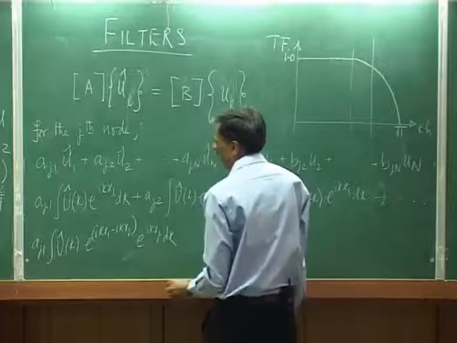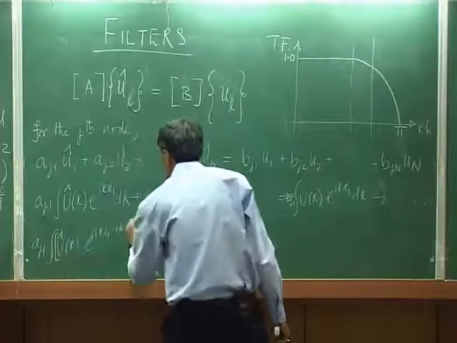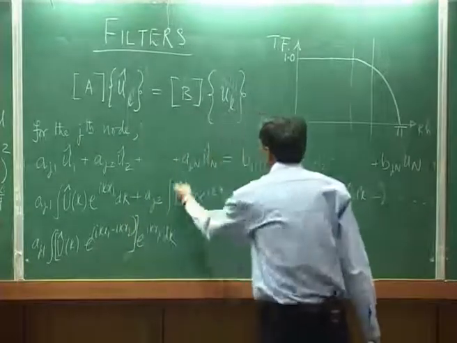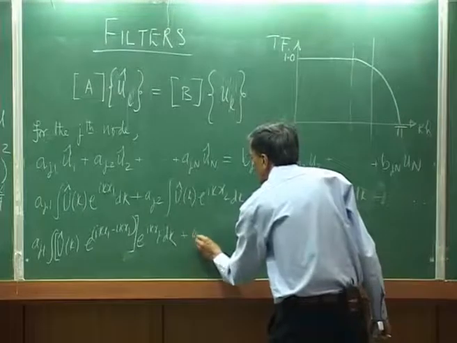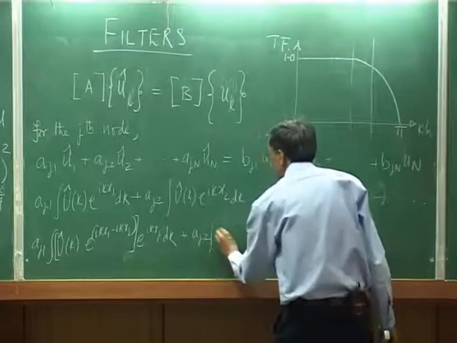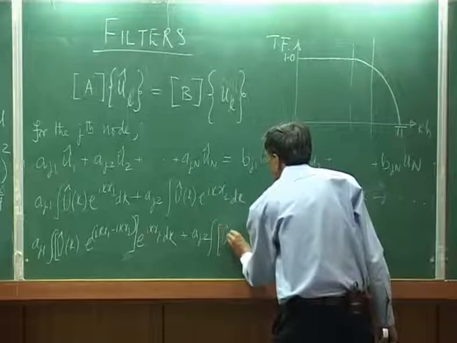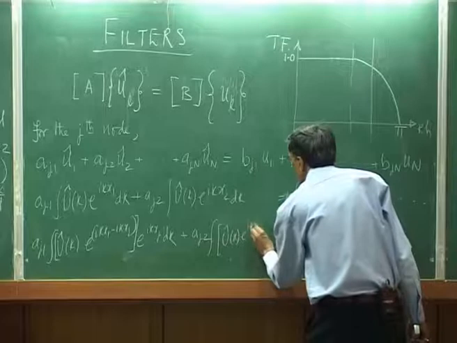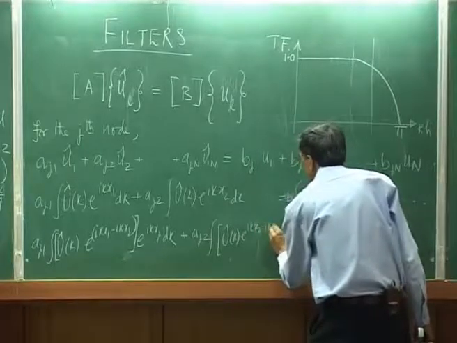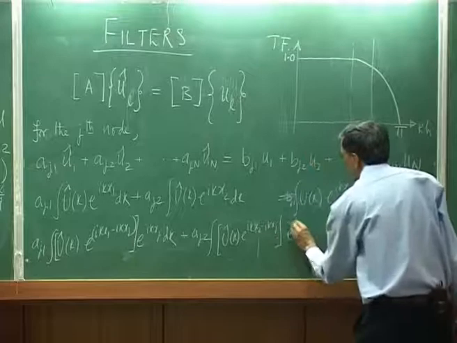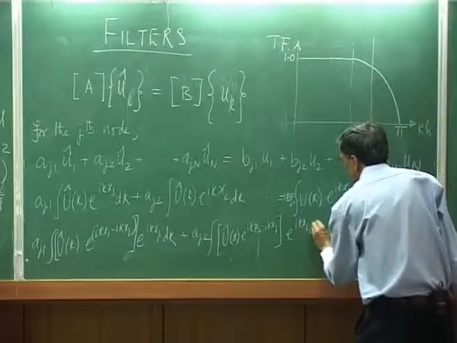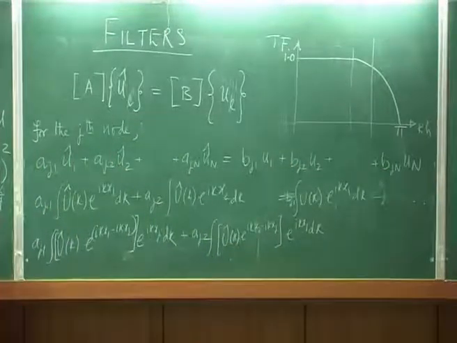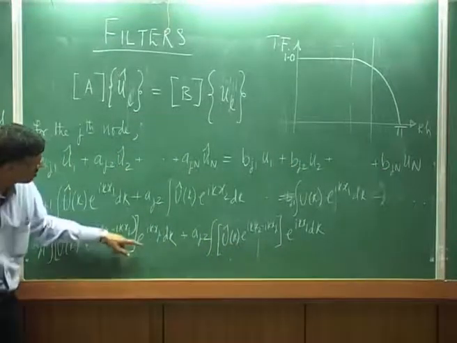So we have a term of this kind here. And from here also we can write down a similar thing: u hat of k e to the power I k x2 minus I k xj and then e to the power I k xj dk. So we can write all the quantities in terms of the jth node phase, okay.